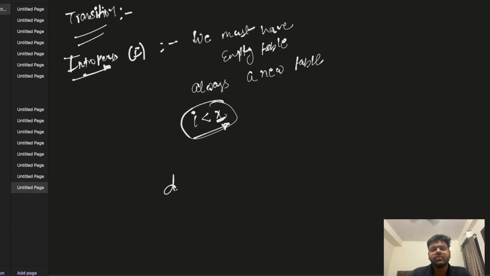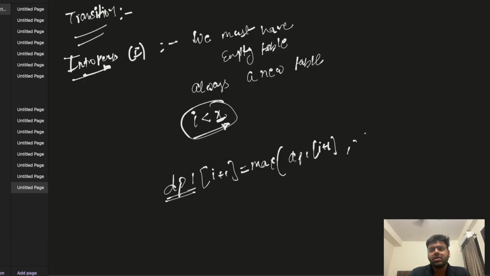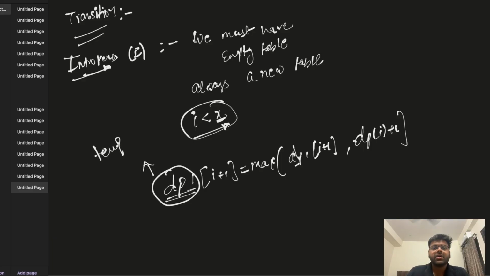So in that case I would be maintaining a DP1. The reason I'm maintaining a DP1 here is, let me write that, it would be the max of DP1 of I plus 1, comma, DP of I plus 1. This is a temporary DP. DP1 is actually equal to DP.